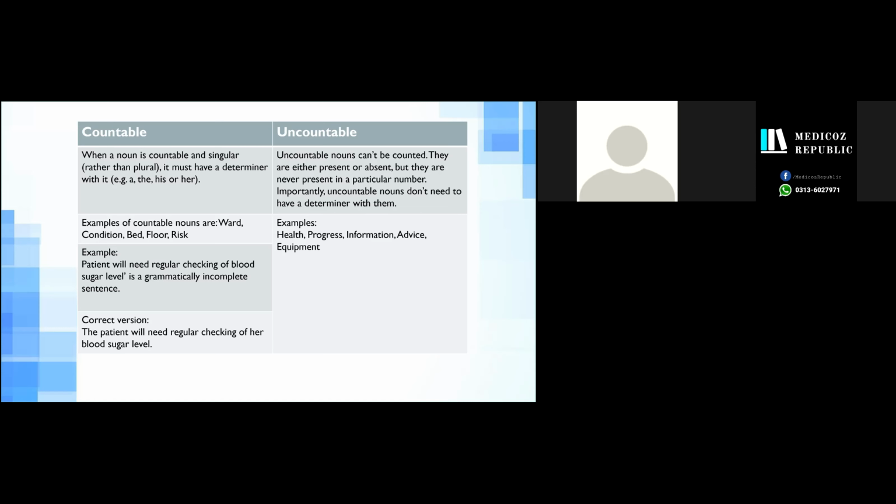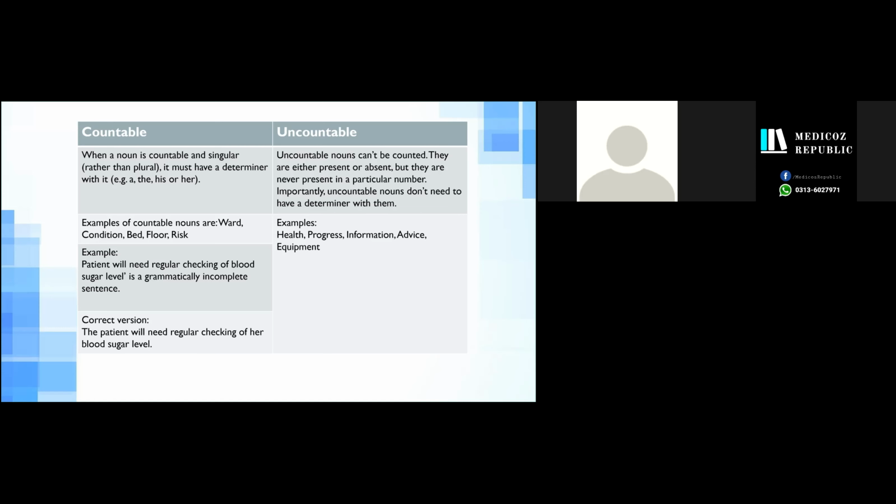Okay, so here's a tip for you. If you have to work out by yourself whether a noun is countable or uncountable, just ask yourself, can I have two or three of these in a patient? Can you have two or three conditions in a patient? Yes, you can, so condition is a countable noun. But you cannot have two or three progresses in a patient, or two to three informations.